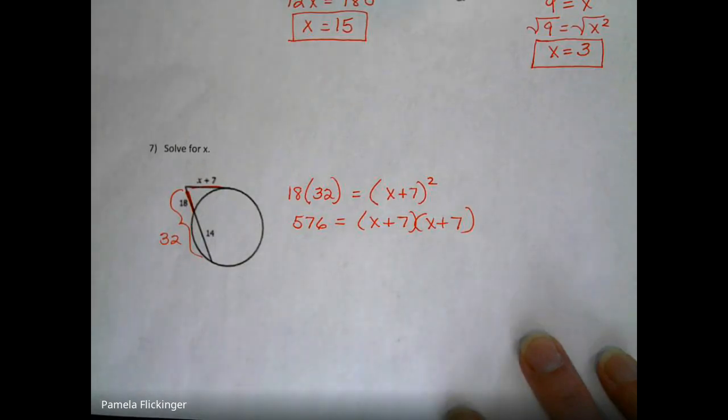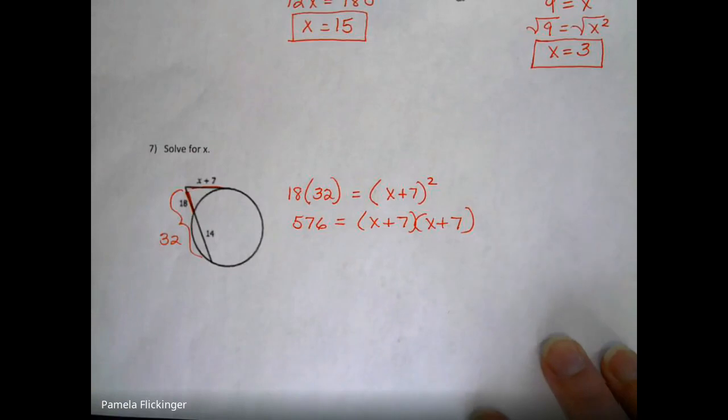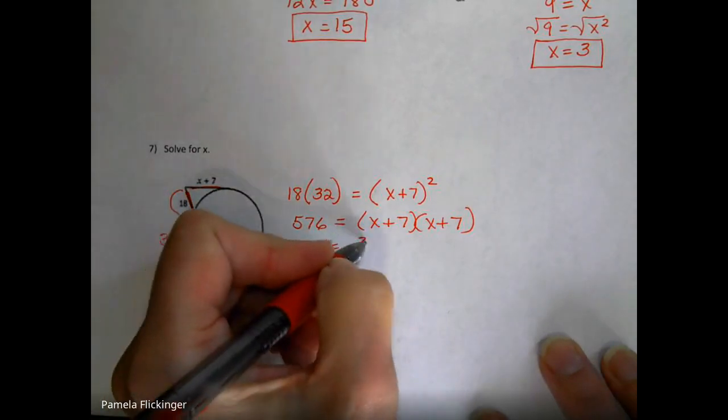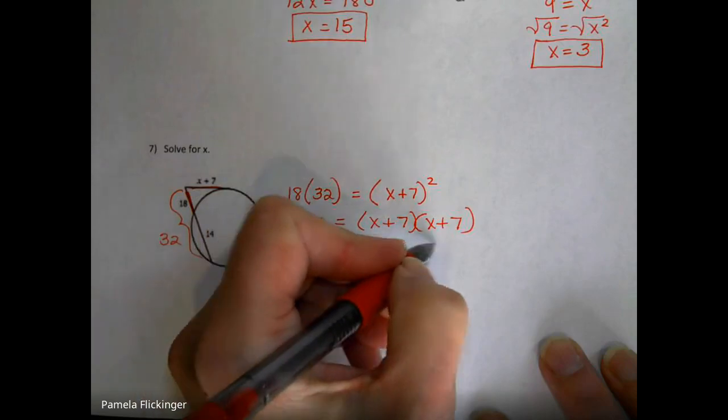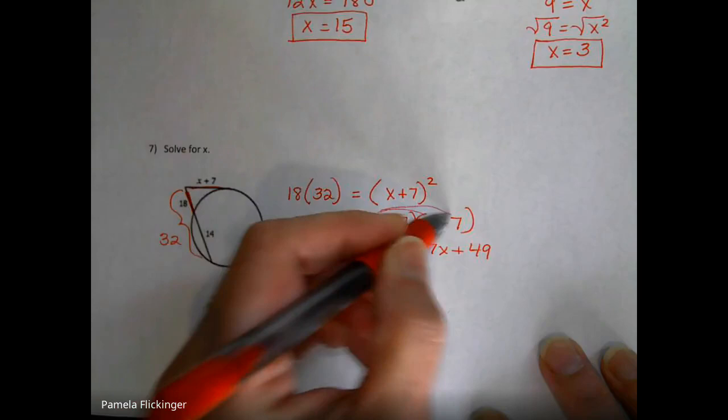Now, I want to try something real quick because I'm going to show you 2 different ways. I'm going to finish it this way because this would be the long way, to be honest. So we've got 576 equals, this would give me x squared plus 7x plus another 7x plus 49 when I distributed all this out.